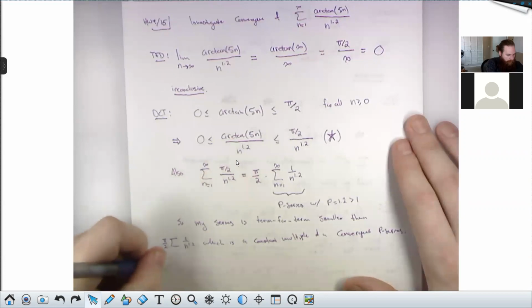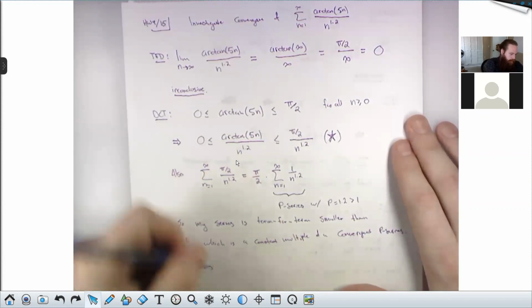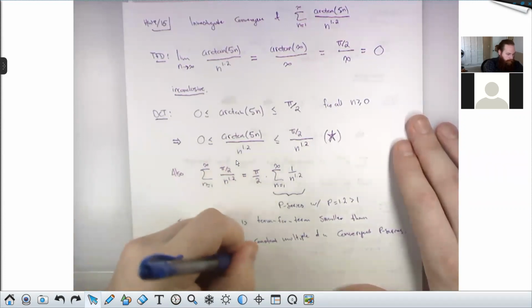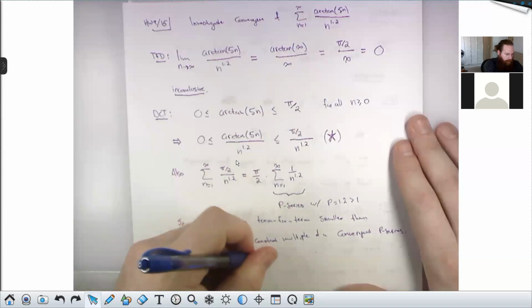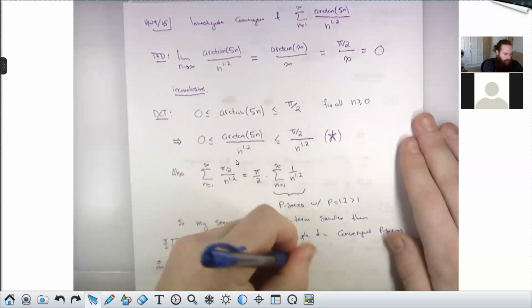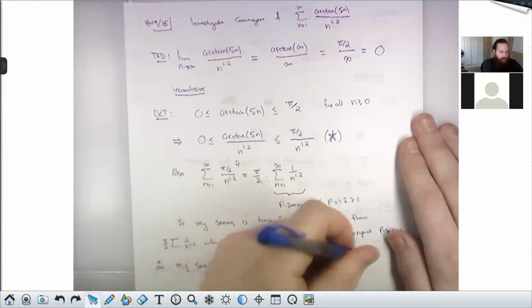Therefore, my series sigma n from 1 to infinity arctan 5n over n to the 1.2 must also converge.